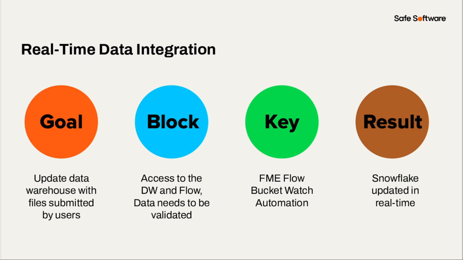We want to keep the data in our data warehouse up to date with our food programs. So our goal is to update the data warehouse when those CSV files get submitted. The challenge is that access to the data warehouse and flow data needs to be validated. A key, of course, will be our FME Flow S3 Bucket Watch automation, and the result is that Snowflake is going to be updated in real time.